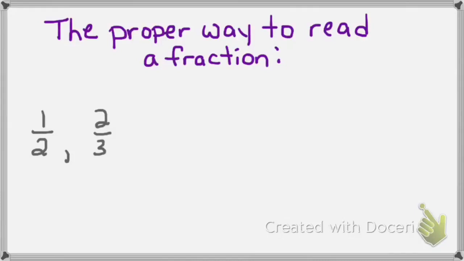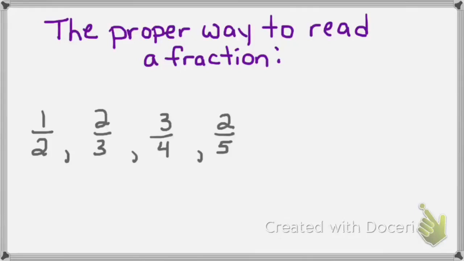So if I'm number 3 in line, I would say that I'm 3rd. So this fraction is read as 2/3. This fraction, numerator stays the same, 3. If I was number 4 in line, I would be 4th. So we read this as 3/4.